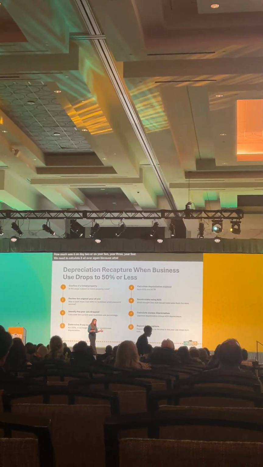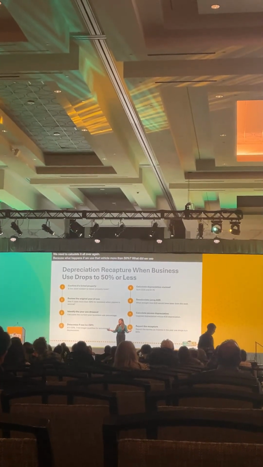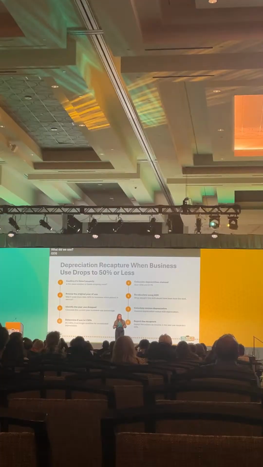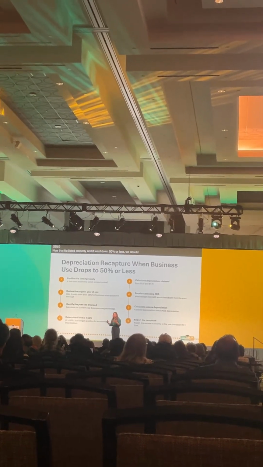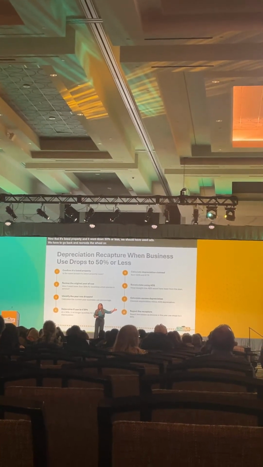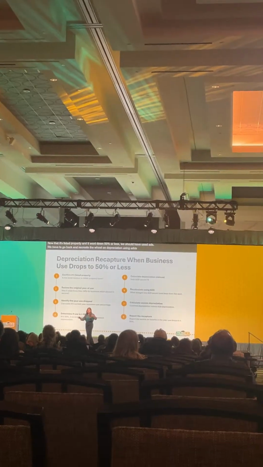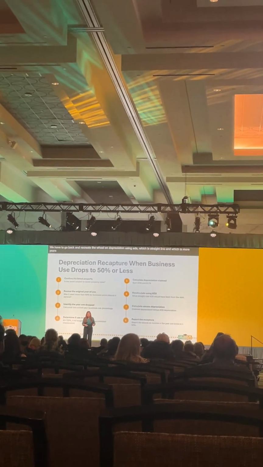Because what happens if we use that vehicle more than 50%? What did we use? GDS. Now that it's listed property and it went down 50% or less, we should have used ADS. We have to go back and recreate the wheel on depreciation using ADS, which is straight line and which is more years. So let's look at an example.